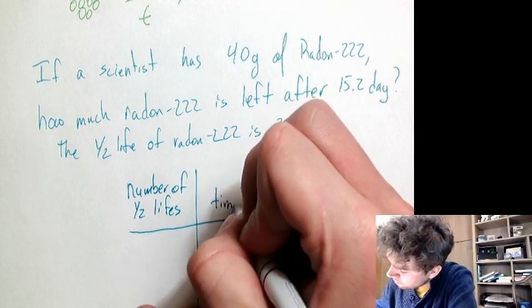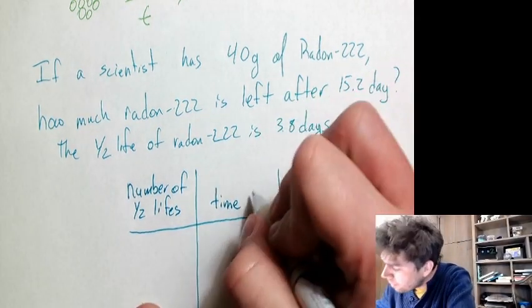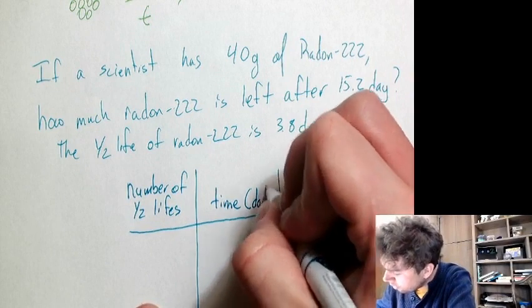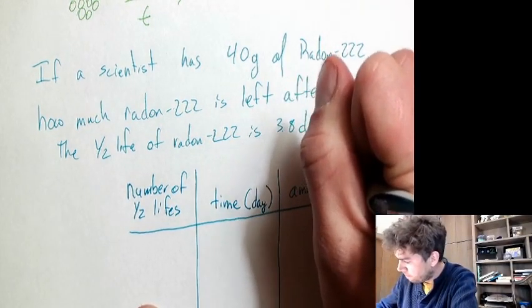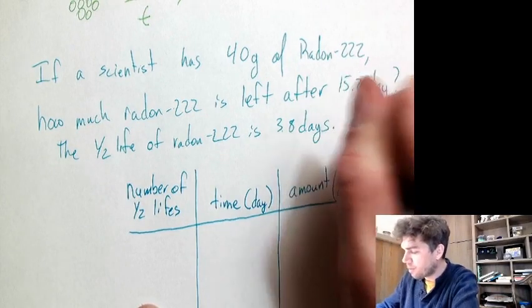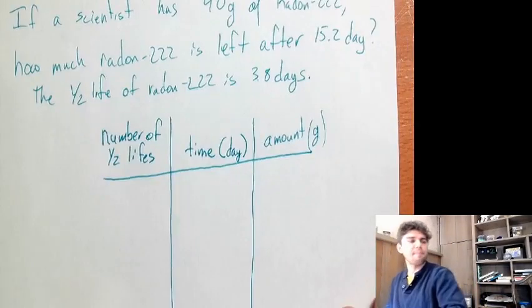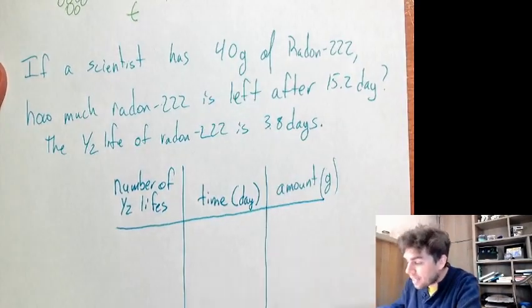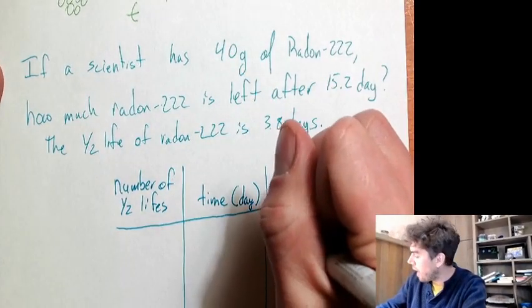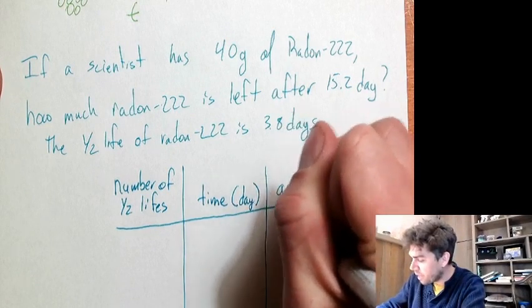Time, and I'm going to put in parentheses days because that's the unit we're using, and then amount, and that's going to be in grams. So starting off at the very beginning, I can see that I start with 40 grams, so I can fill this out by putting 40 there.